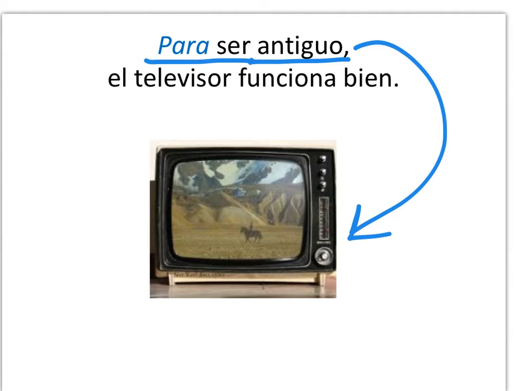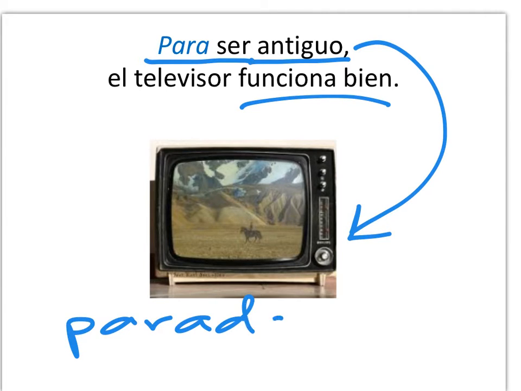It's old, it's antique, right? But what else? It works. Which is kind of a paradox, a contradiction. So para, paradox. Or if you don't know what that word means, it's a contradiction. It's not an explanation. Por plus infinitive is an explanation, but para plus an infinitive is a contradiction.